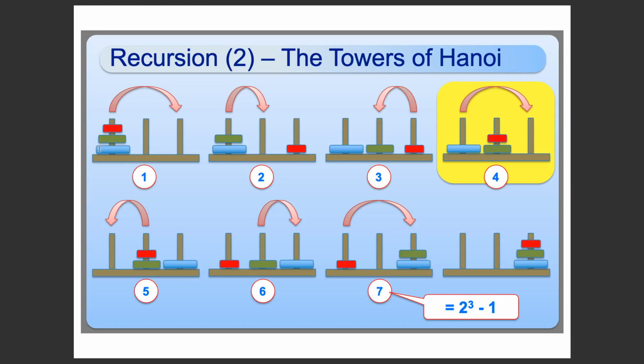Alright, so we can free up this one. Okay, that's the idea. So we've got these 2 disks through these 4 steps. We can effectively think of these as one step of moving 2 disks to the center. And then we do this single step, which is moving the blue disk here.